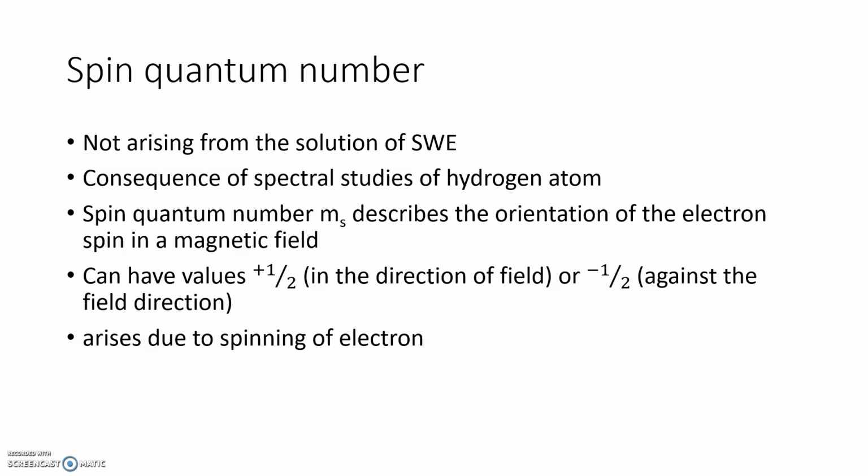It is represented by the symbol ms, and it represents the orientation of the electron spin in a magnetic field. This arises due to the spinning of the electron. So now let's see how these quantum numbers can be used to identify the electrons in an orbital.